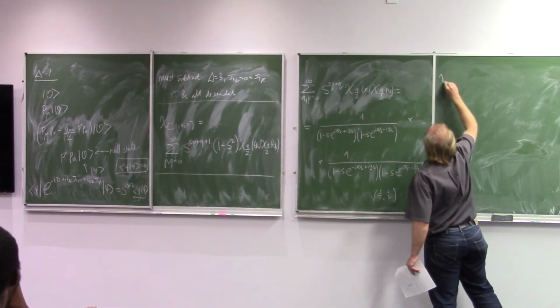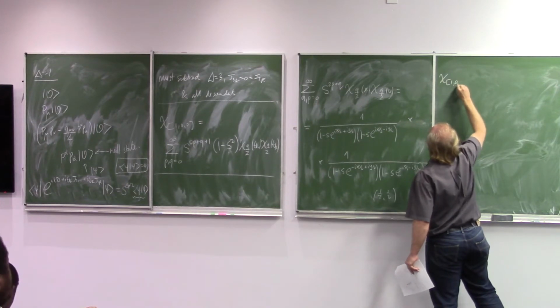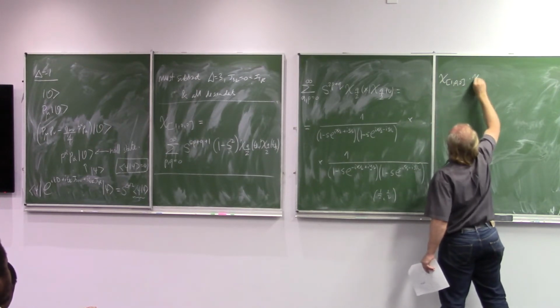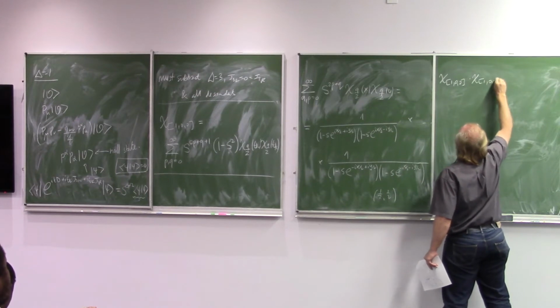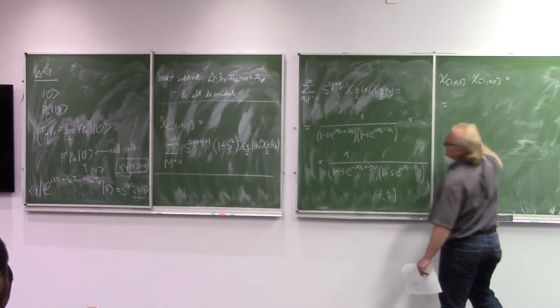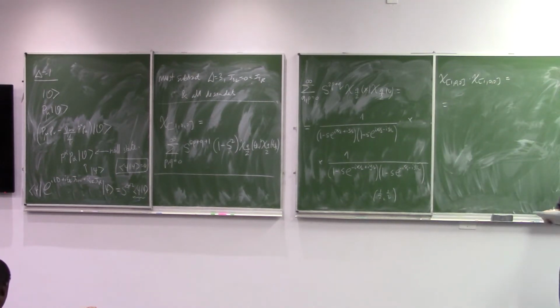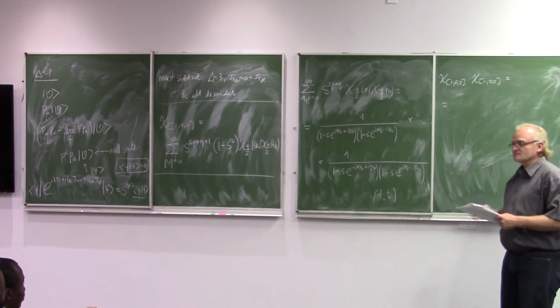So we want to take chi 1 naught naught times chi 1 naught naught. By the way, if anybody wants a research project, if you can take this character to the nth power and decompose it into representations, you can publish it. Not for 2 and 3.